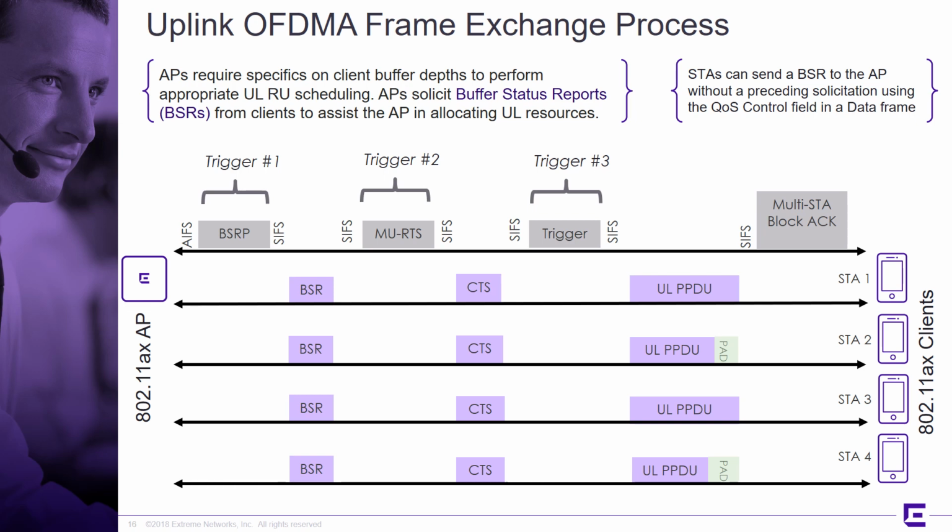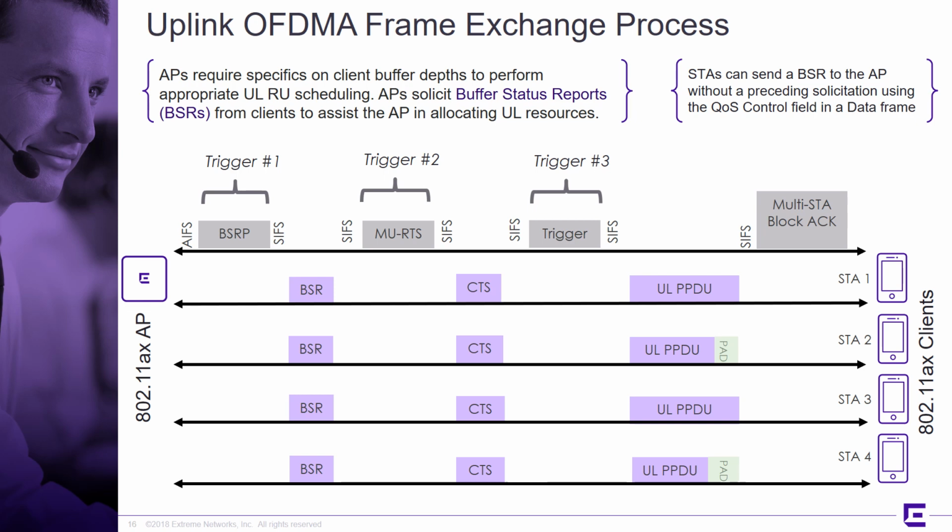And of course, after the AP has received the uplink transmissions, it will send a multi-station block ACK downlink across the entire 20 megahertz wide channel, indicating receipt of the PPDUs. It's also important to note that the buffer status reports can be sent by the clients without any preceding buffer status report polling.